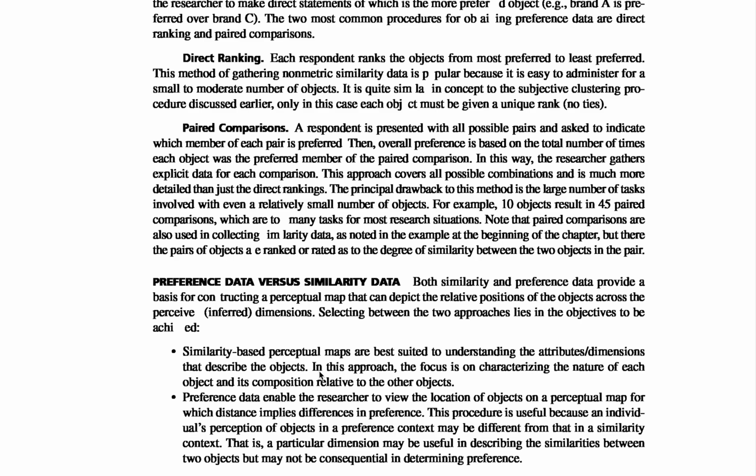The approach covers all the possible combinations and is more detailed than just direct ranking. The principal drawback to the method is the large number of tasks involved with even a relatively small number of objects. For example, 10 objects result in 45 paired comparisons, which are too many tasks for most research situations.